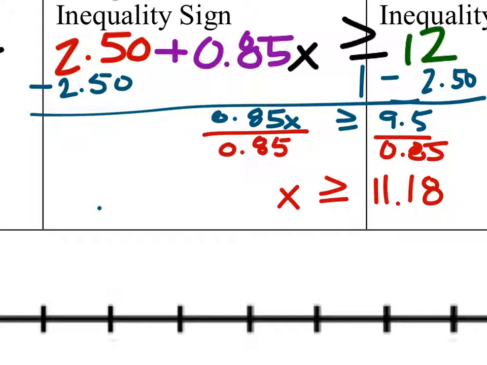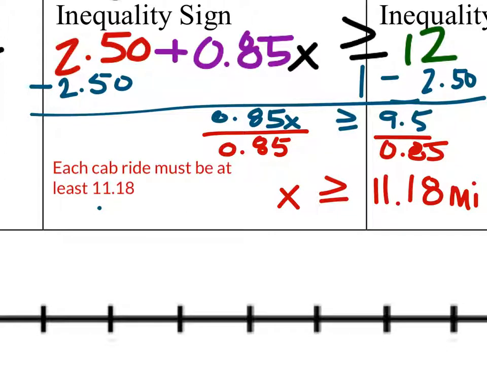Now this was the number of miles every trip needs to be. I suppose they could charge 0.18 miles, so we can keep it like this. But to describe this in words, which we will do now, we'll say each cab ride must be at least 11.18 miles.